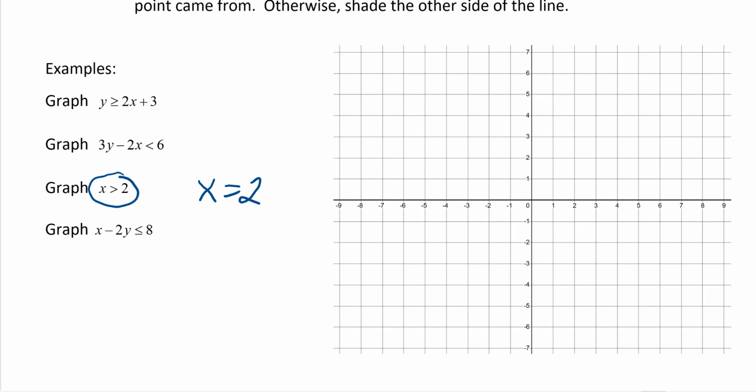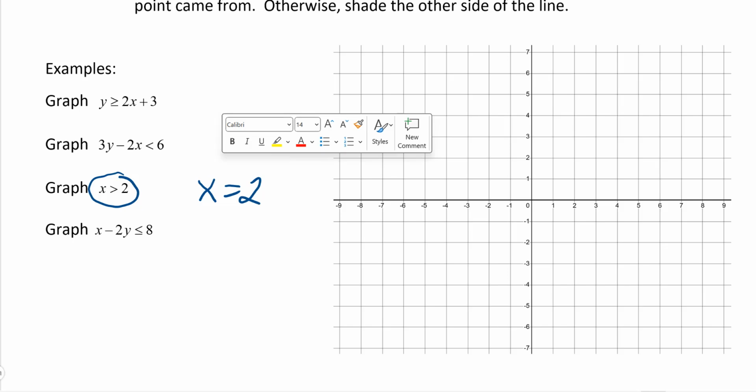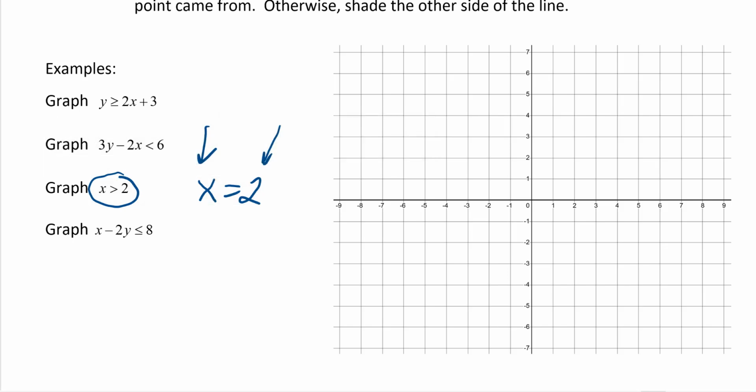Well, I hope you remember the graph of a line where the equation is x equals a number is just a vertical line at that number. Now, since we have greater than, we're not going to draw a solid line.